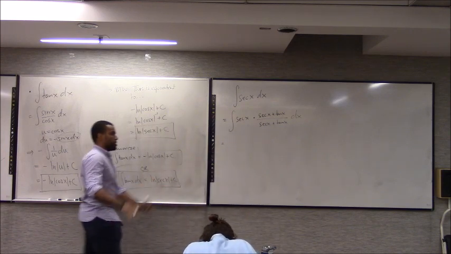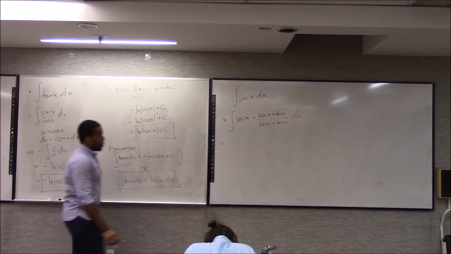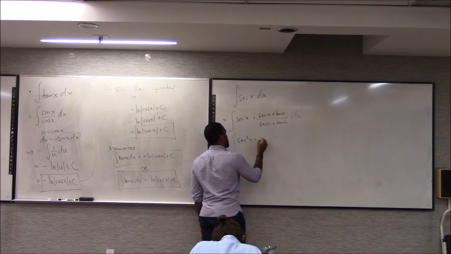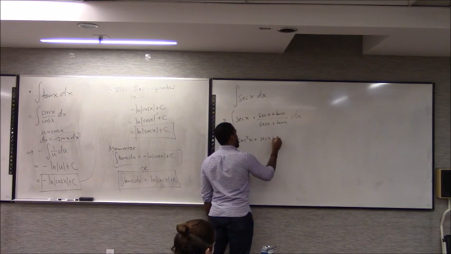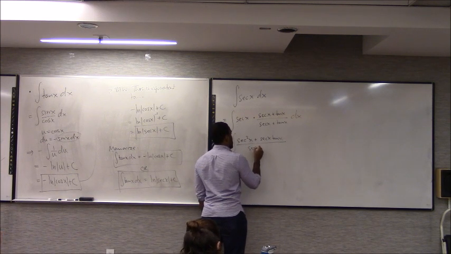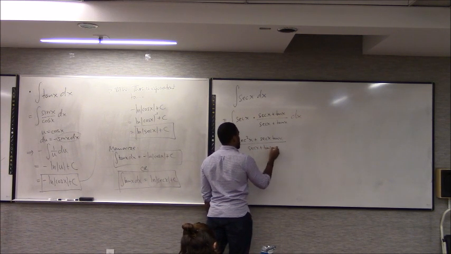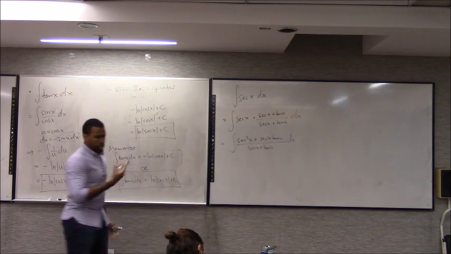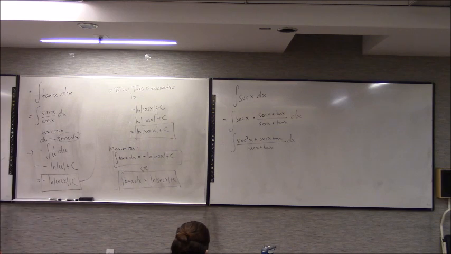Okay, just bear with me a little bit. What we're going to have at this point is secant squared x plus secant x tangent x all over secant x plus tangent x. Now does anyone see what we can do?